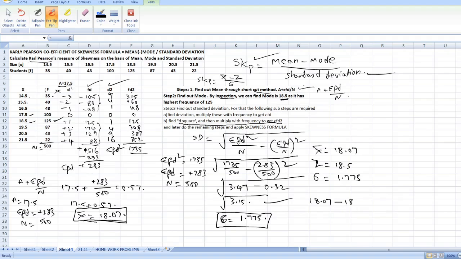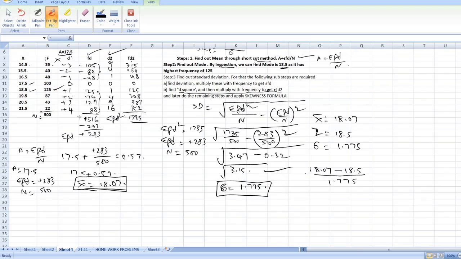What is mode? 18.5. What is standard deviation? 1.775. Now 18.07 minus 18.50 is equal to minus 0.43, and you have to divide that with 1.775. You will get minus 0.24.